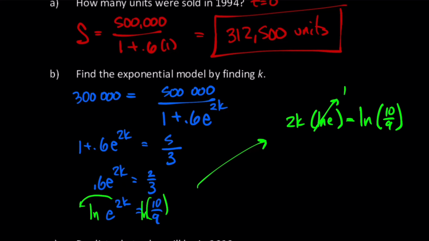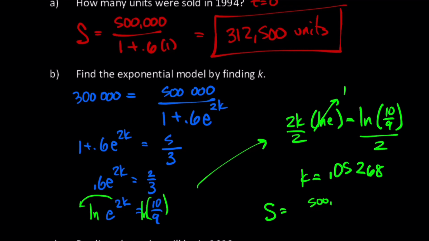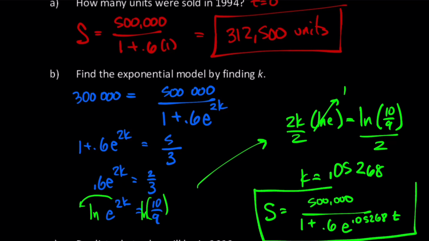Now I just divide both sides by 2, and k equals 0.05268. So my model, I have to write the whole model out, S equals 500,000 divided by 1 plus 0.6 e to the 0.05268 times t. Wow, that's a lot of work.